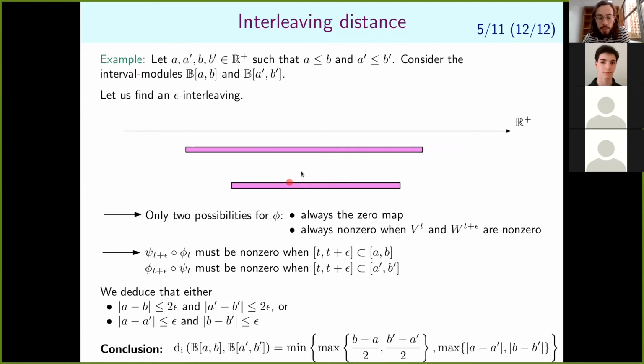And of course, you observe that this is exactly the bottleneck distance between these two interval modules. So this is not by chance. It is something we will study in the next section.